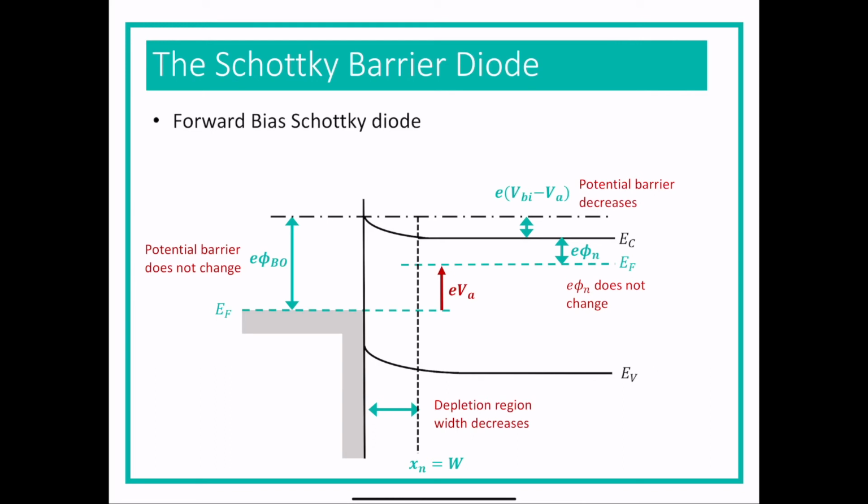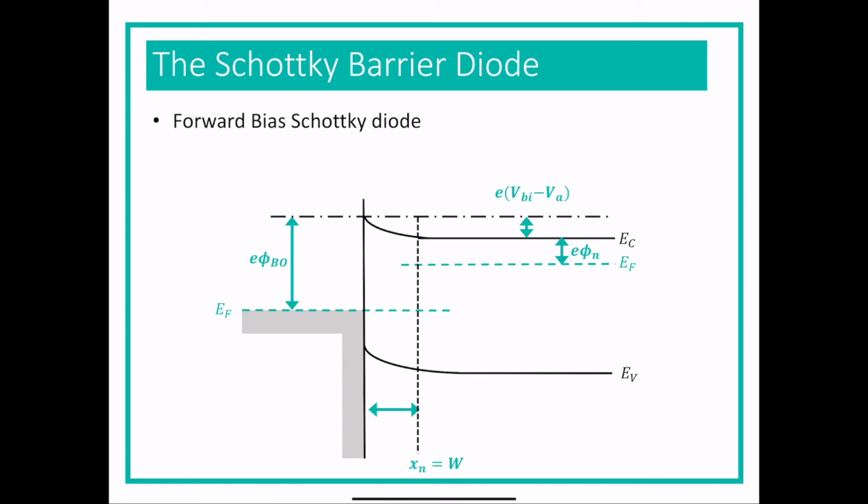So when we have current flowing, we have electrons on the metal side, and they're flowing to the semiconductor, the ones that can make it across the barrier, and that gives us a current density in one direction. So that's the metal to semiconductor current density.